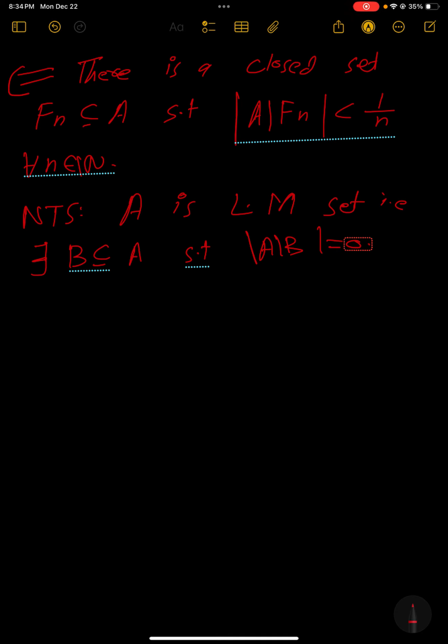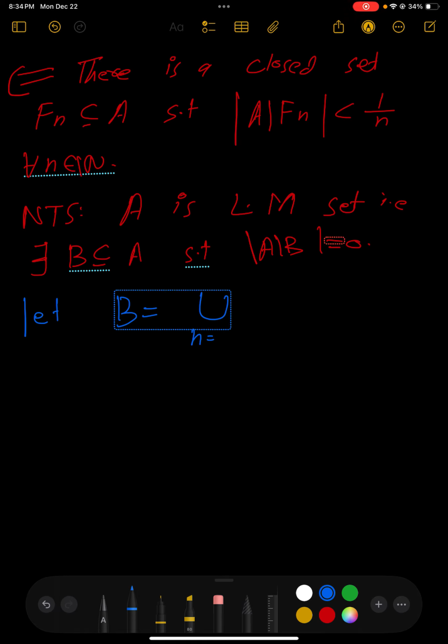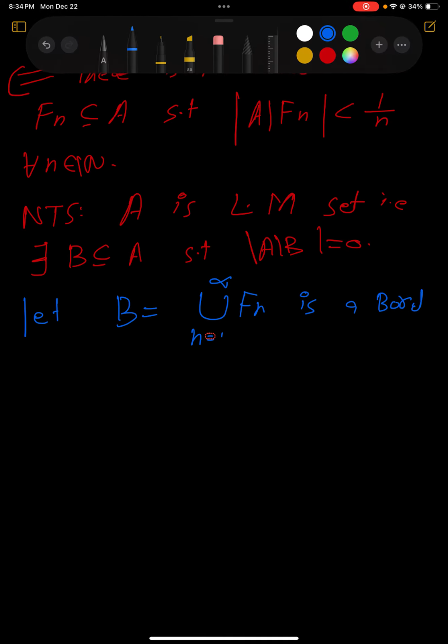How are we going to come up with a Borel set? Since Fn is a closed set, and the countable union of closed sets is a Borel set, let B be the union of n equals 1 up to infinity of Fn. Then it is a Borel set, because a countable union of closed sets is a Borel set.